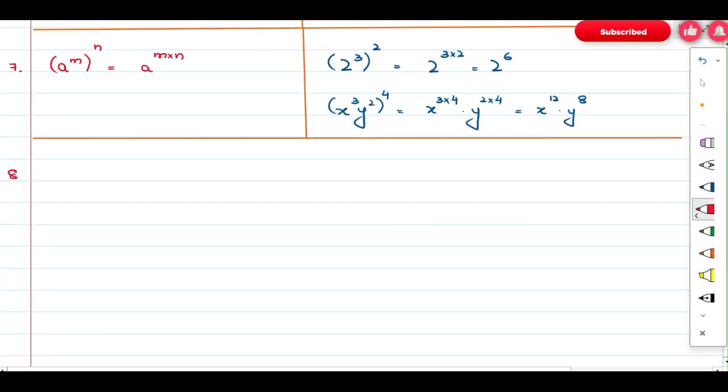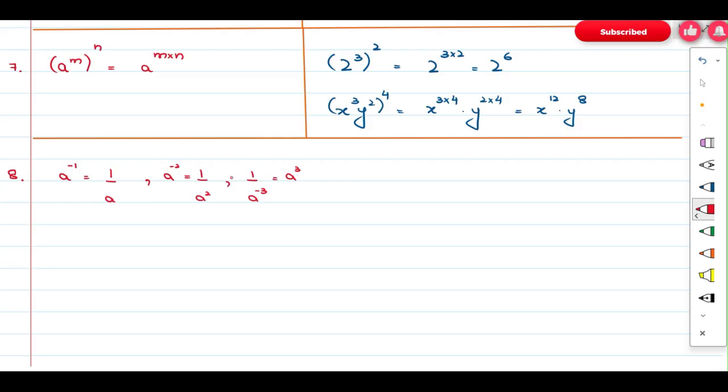All right, now the next law is if you have a number with a negative power, it means it is the reciprocal. Or if I can say a to the power minus 2 is 1 over a square. Or we can say 1 over a to the power negative 3, we can also write this down a cube.